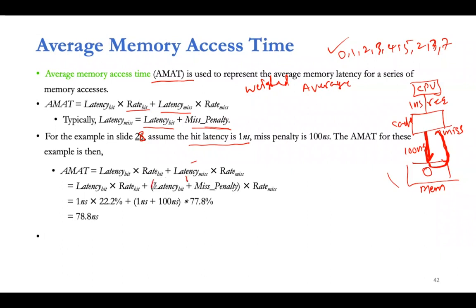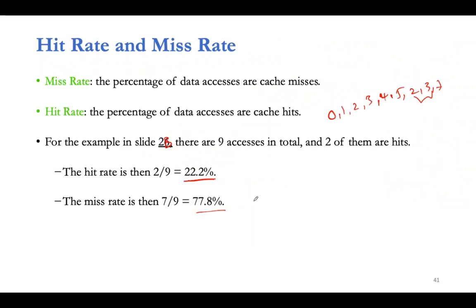So latency hit means again the 1 nanosecond, and miss penalty, as given in the question, is 100 nanoseconds multiplied with the rate of miss which we calculated, that is 77.8.